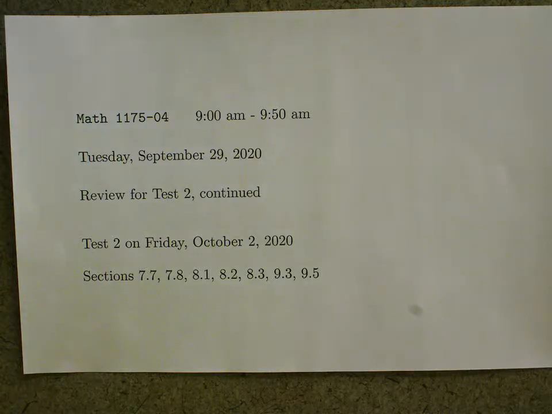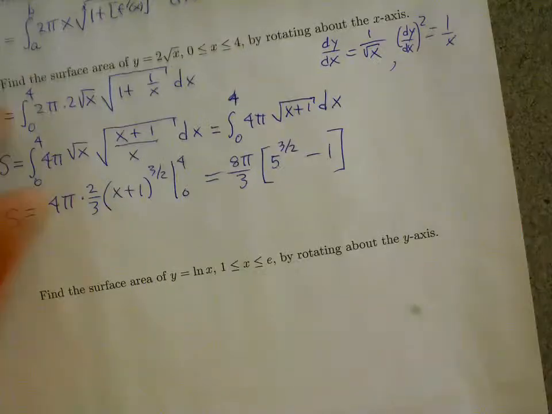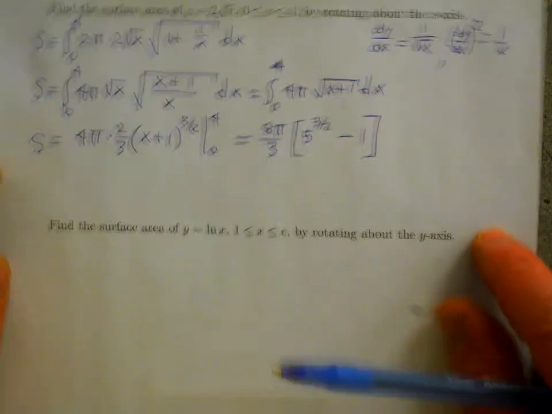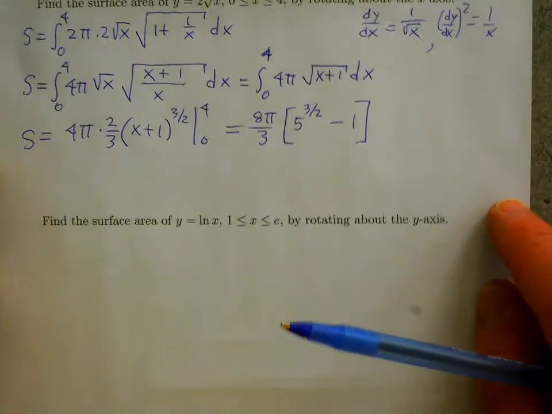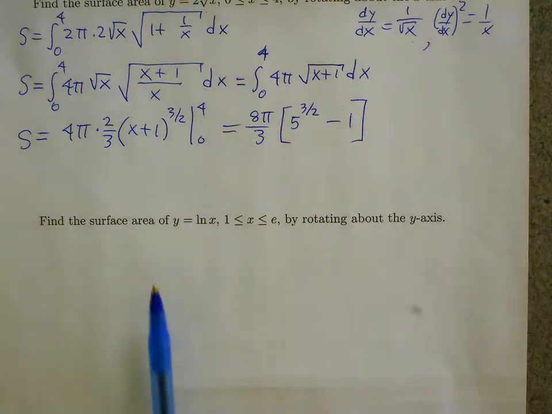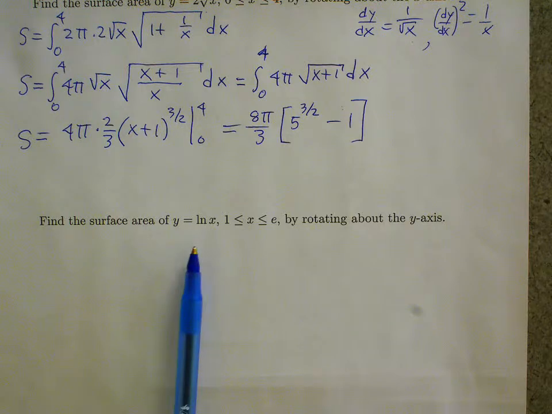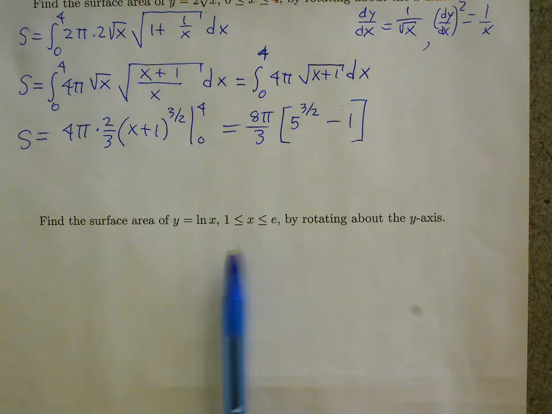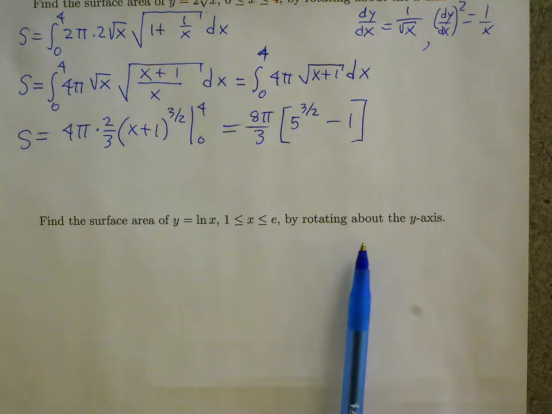All right, we'll continue the test 2 review today. We got to this problem yesterday. Find the surface area of y equals the natural log of x for values of x between 1 and e by rotating about the y-axis.